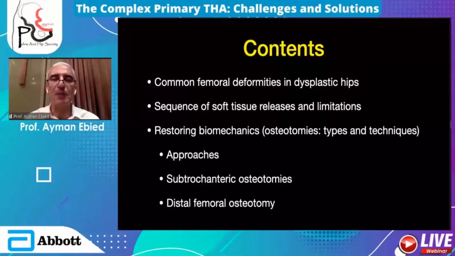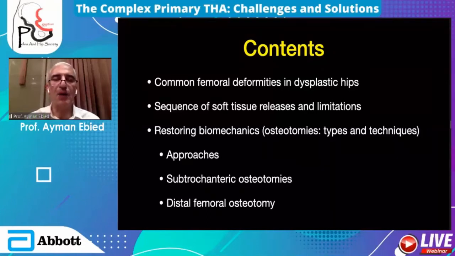Therefore, in the coming 10 minutes or so, I'm going to cover the common femoral deformities that we see in dysplastic hips, the sequence of soft tissue releases and the limitations that we find, and the debates around how much soft tissue release and how much we gain from it.